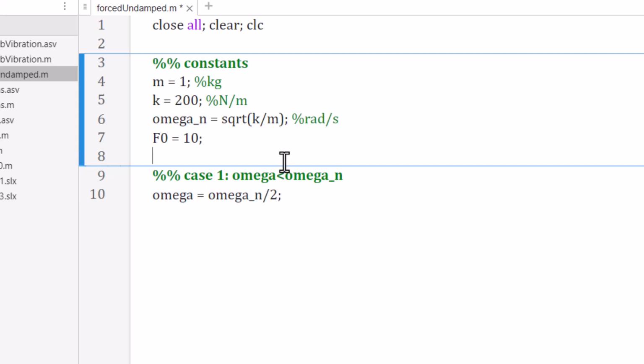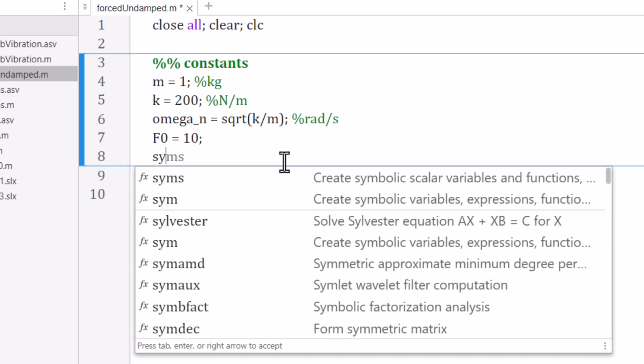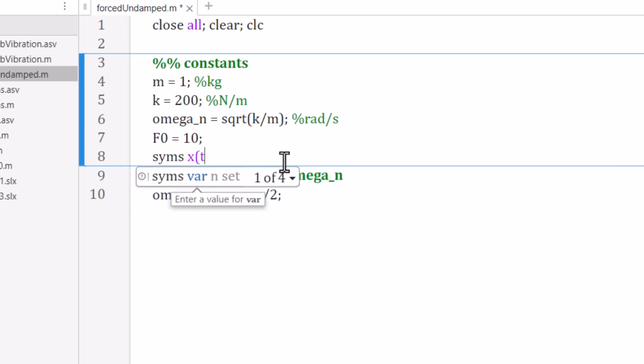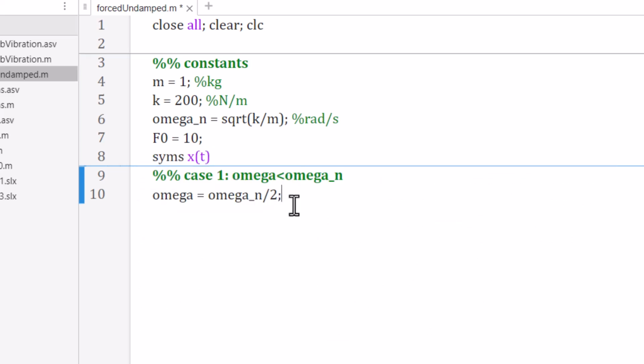And in order to solve the equation analytically, I have to define x as a function of time. So now I can define f to be f naught times cosine of omega times t. When you define x as a function of time symbolically in this statement, it not only defines x, but it also defines t.